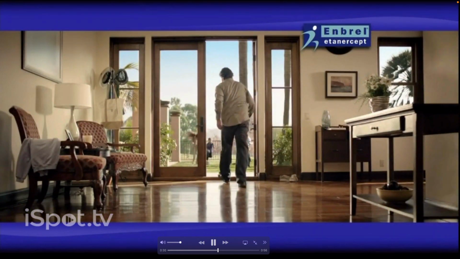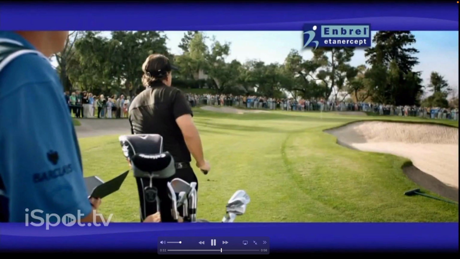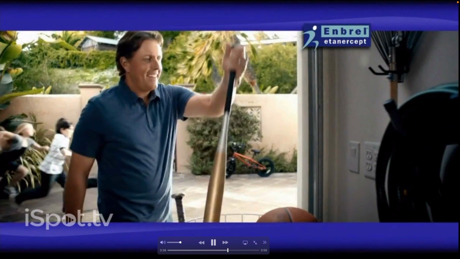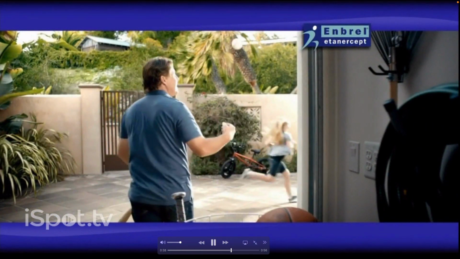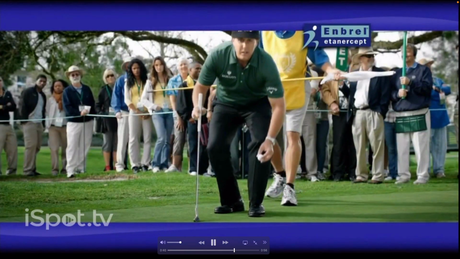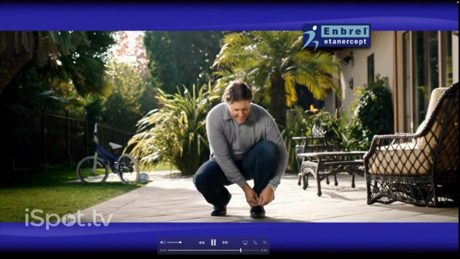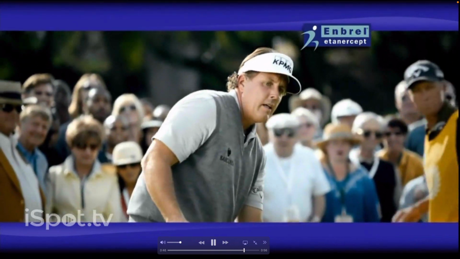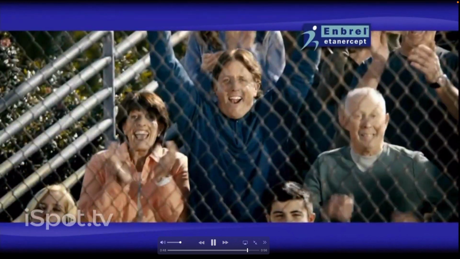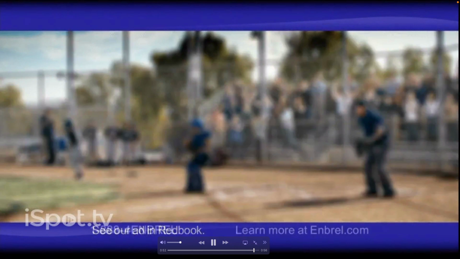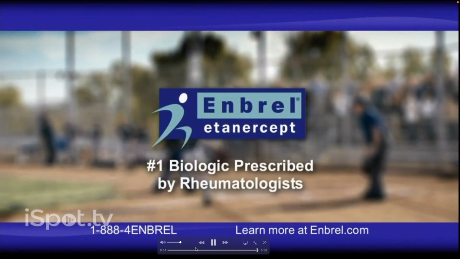Before starting Enbrel, your doctor should test you for tuberculosis and discuss whether you've been to a region where certain fungal infections are common. Don't start Enbrel if you have an infection like the flu. Tell your doctor if you're prone to infections, have cuts or sores, have had hepatitis B, have been treated for heart failure, or if while on Enbrel, you experience persistent fever, bruising, bleeding, or paleness. Get back to the things that matter most. Ask your rheumatologist if Enbrel is right for you. Enbrel, the #1 biologic medicine prescribed by rheumatologists.